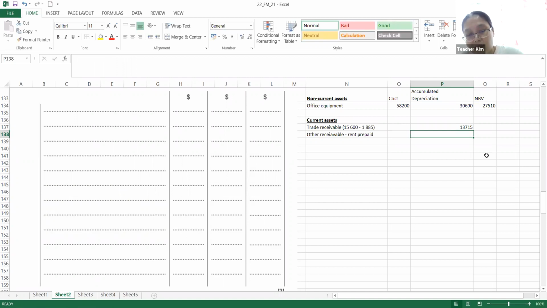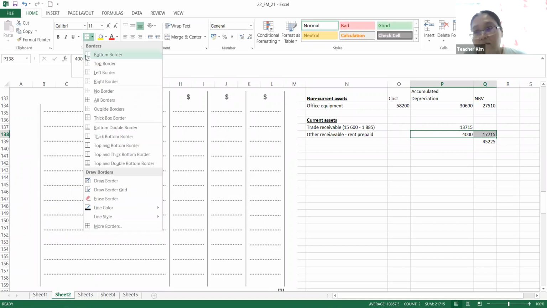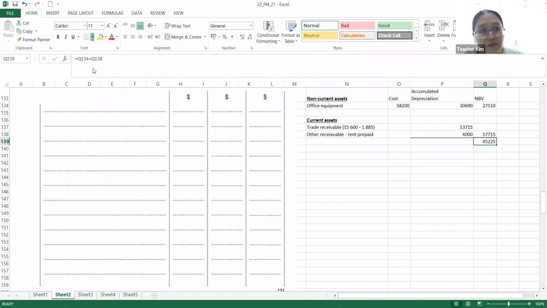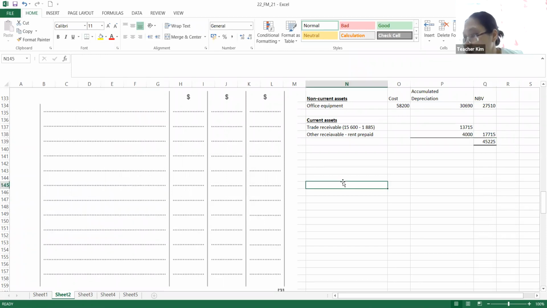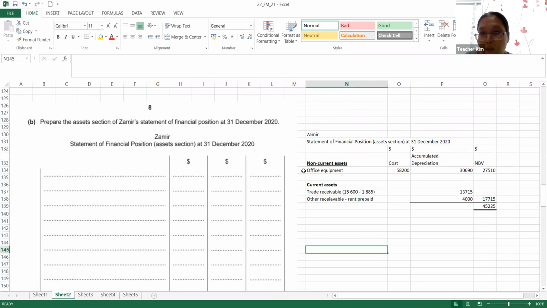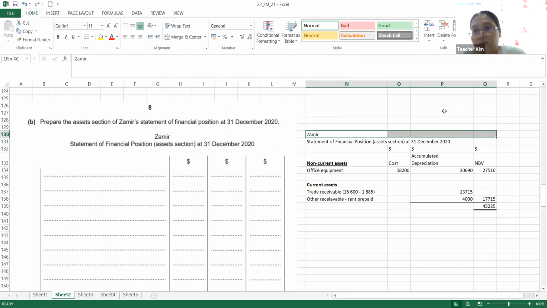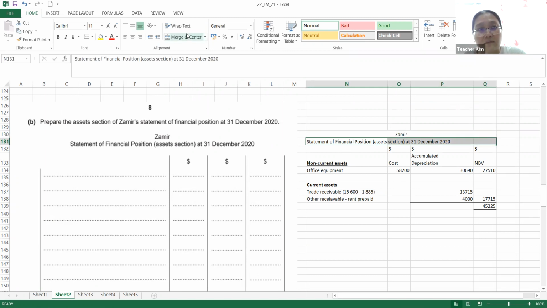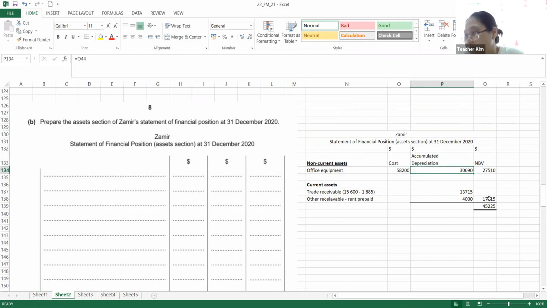Okay, and then this one is 4,000. So take these two, add up. So this is our total asset. Okay, that's all, because they didn't ask for the complete, so we just do according to what they asked to do. And all your this amount must be correct, okay, to get individual.